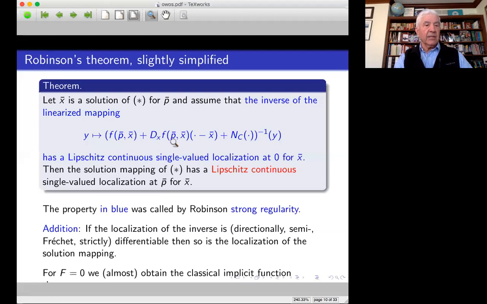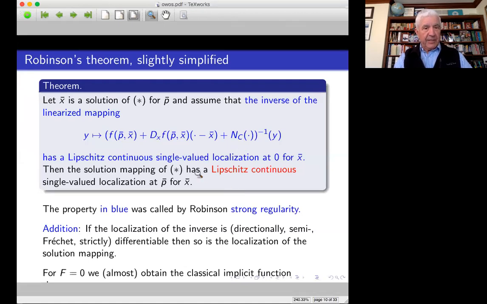So the inverse of the linearization having a single-valued localization here means that this matrix, this derivative in the Banach space setting, is invertible, and this is the classical implicit function theorem. But now this works if we also add a set-valued mapping, and this was really a very new idea, which was a real breakthrough in sensitivity analysis.